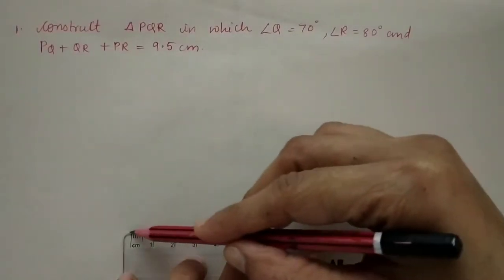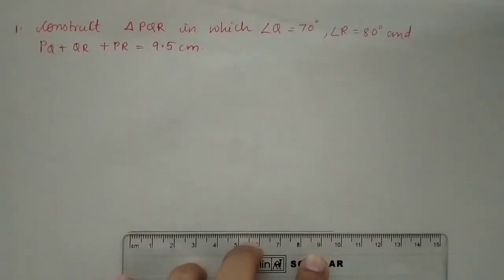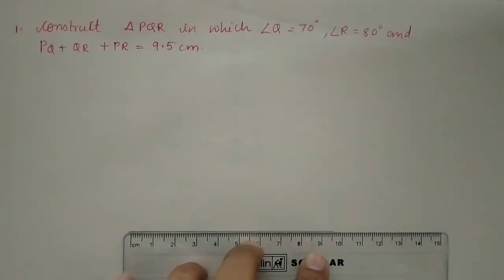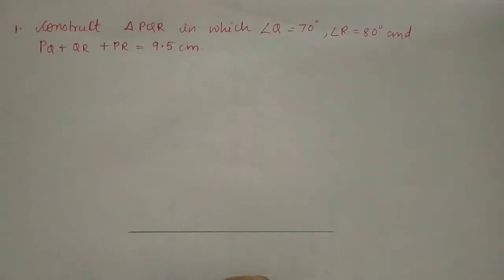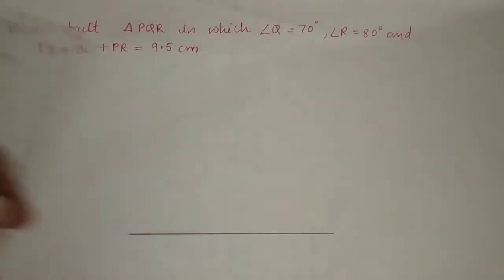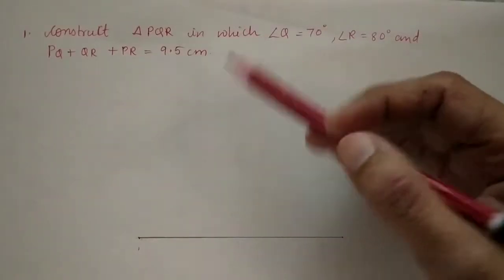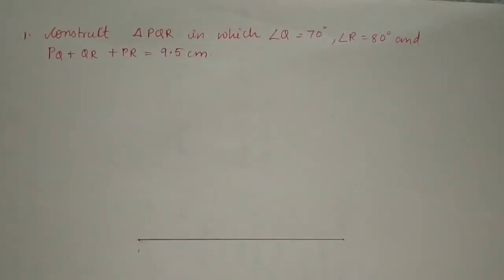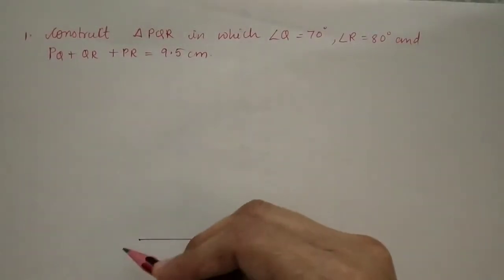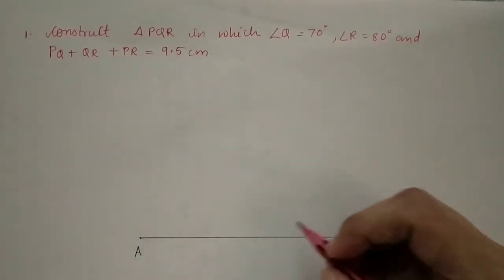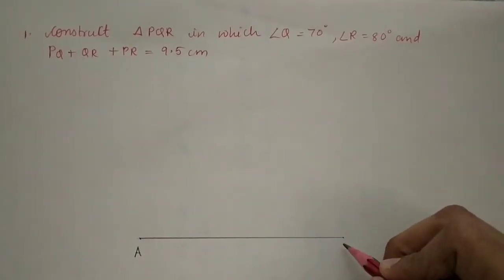So this is our base of 9.5 which we make. Since this is not the base of the triangle, we cannot name it P, Q, R or anything. So we name it by some other name, say A and B.